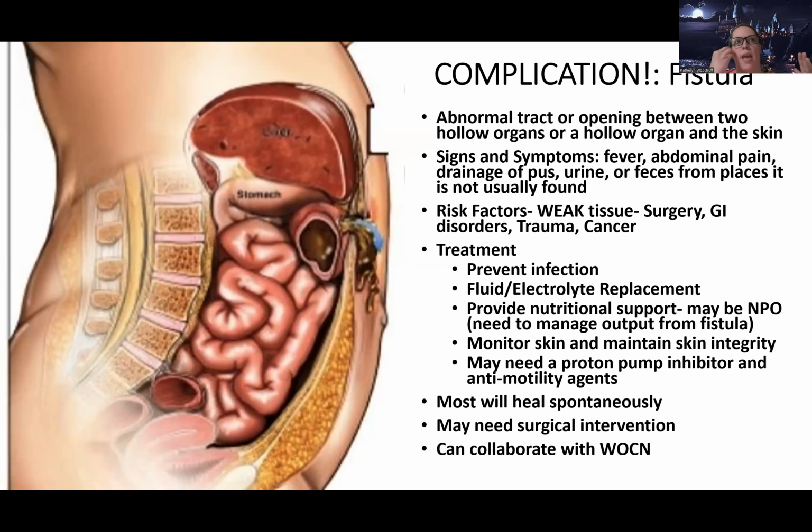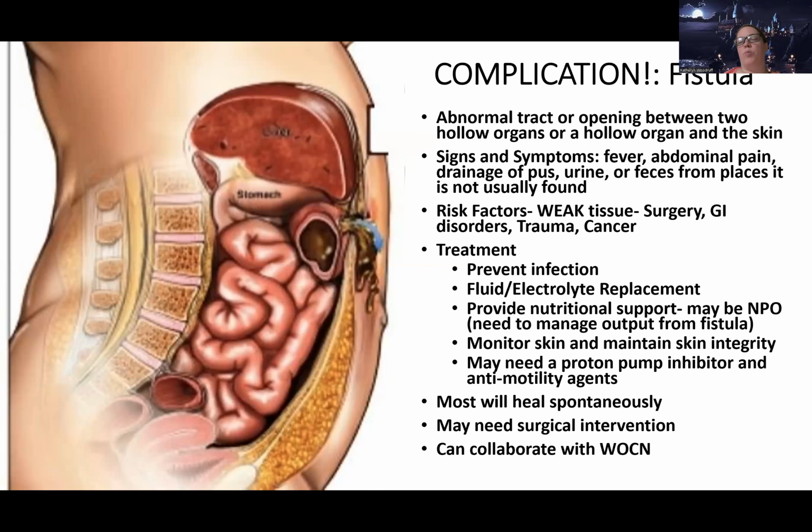And there is a hole or a tract that forms between, again, either two organs or between a hollow organ and the external skin. And what happens here is that then stuff starts draining to a place it's not supposed to go. Now, sometimes this might seem harmless, like part of the bowel is slipping onto the skin, and so you're leaking some stool onto the skin. What's the big deal?